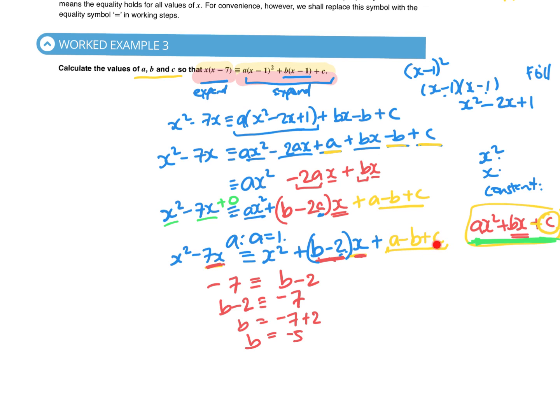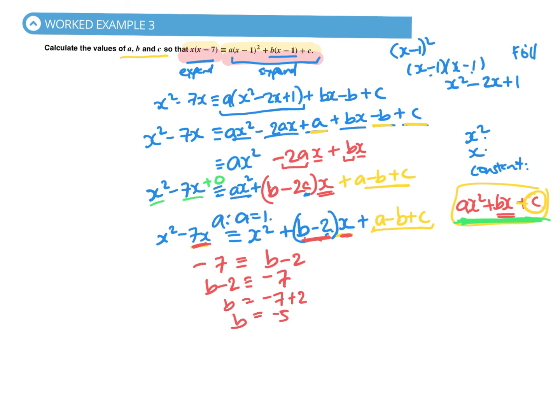And now the constants: this a minus b plus c needs to equal the 0 on this side. So the last solving step in front of us is to solve for c. We have a and b. Remember that on the left side, the constant was 0.